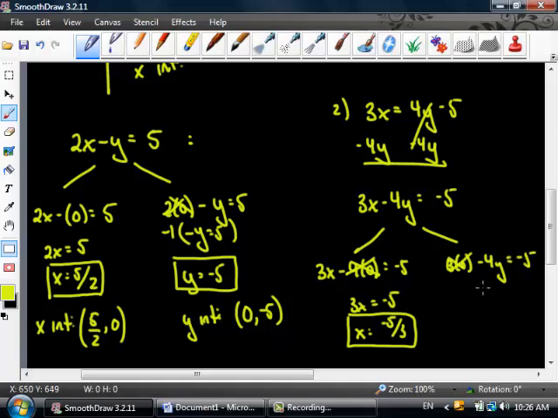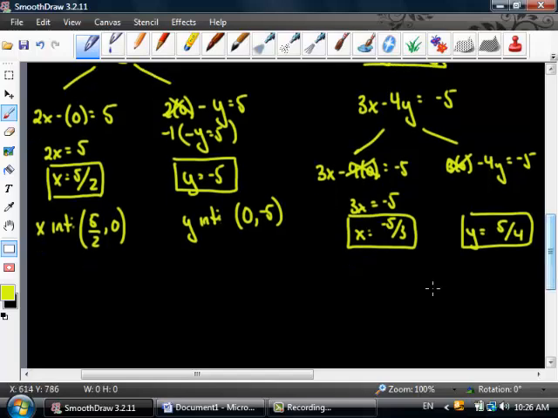That's gone. Cutting through all the red tape, y equals 5/4. So my x and y intercepts are going to be negative 5/3 comma 0, and then 0 comma 5/4. Questions on this? Pretty easy? Miss Connolly, pretty easy? Sweet.